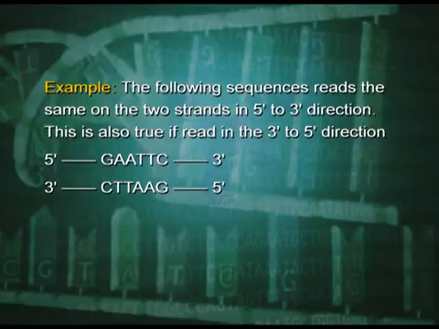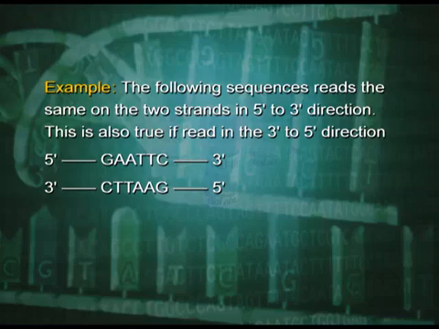For example, the following sequence reads the same on the two strands in the 5' to 3' direction. This is also true if read in the 3' to 5' direction. The entire process of recombinant DNA technology can be seen through this diagram.